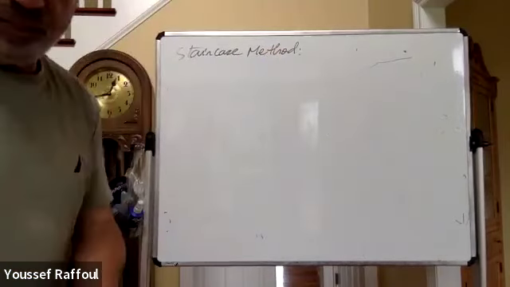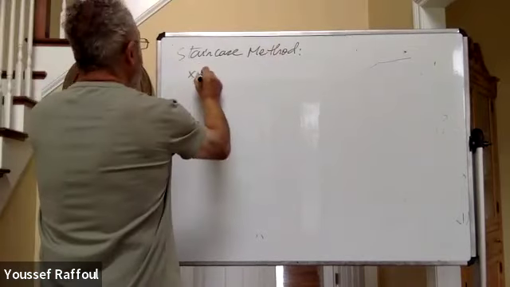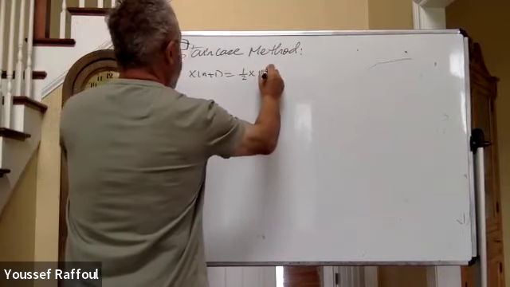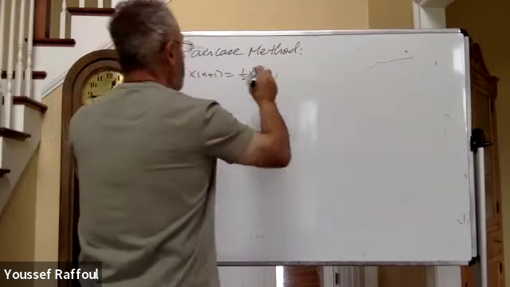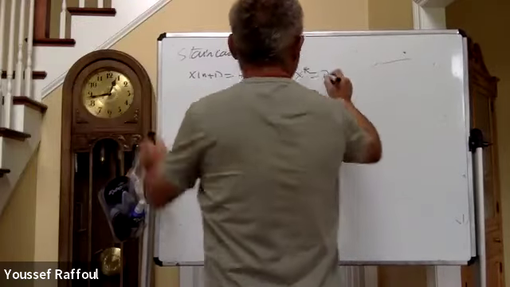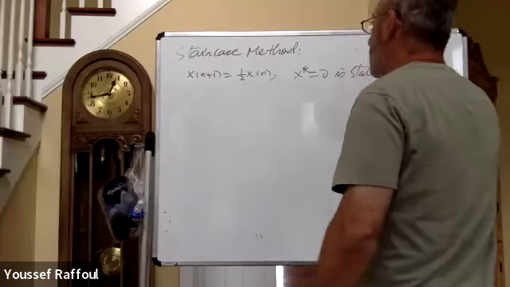Staircase method. Let us take a look at x_{n+1} = 1/2 x_n. We know that x star equals 0 is stable.